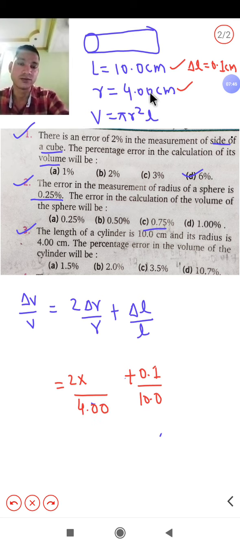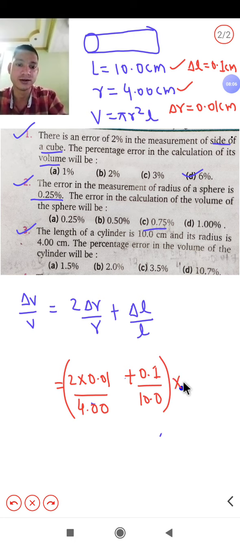Up to 2 decimal points I got the reading. It means a vernier caliper was used to measure the radius. So LC of the vernier caliper is 0.01 centimeter. So error in the measurement of radius will be 0.01 centimeter. It means in place of delta R, I'll put 0.01 centimeter.